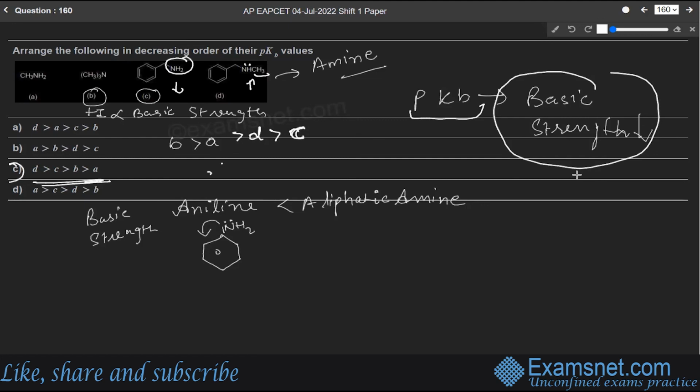Actually, these four options are incorrect. Right now it's not matching because it is not there among these options. So the correct order would be D as the highest, then C, then A, and then B, for the pKb value.